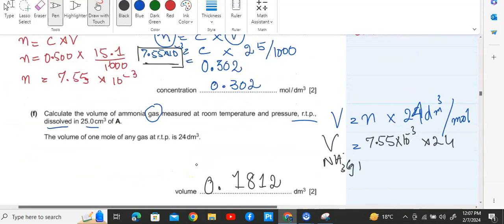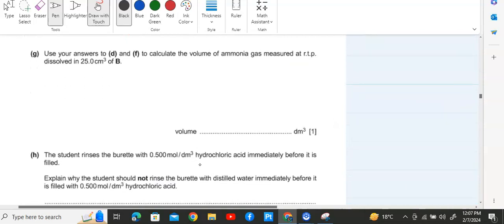Now coming to this part, it is the same as what you solved previously. You have to repeat the same procedure, but this time you take the mean volume for B. You are given HCl concentration, which is 0.500 mole per dm cube, and the mean volume has now changed.